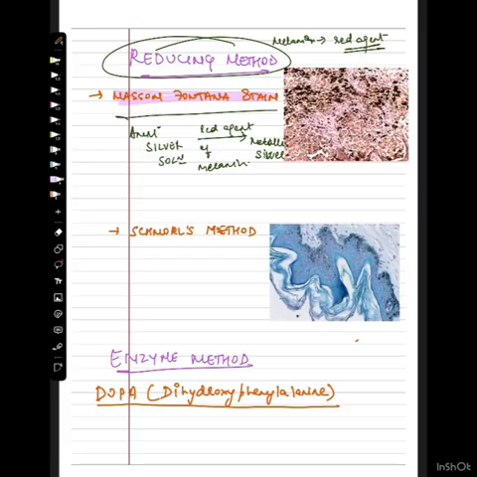The next is Schmorl's method. In Schmorl's method, the melanin will basically reduce ferricyanide to ferrocyanide. Ferricyanide is reduced to ferrocyanide because of the reducing property of melanin.